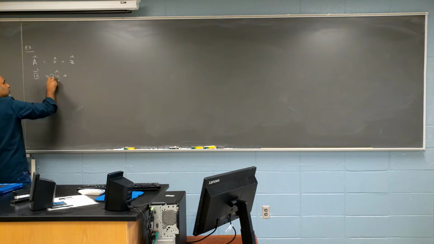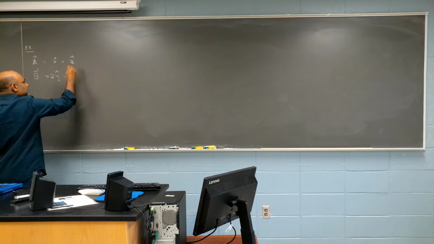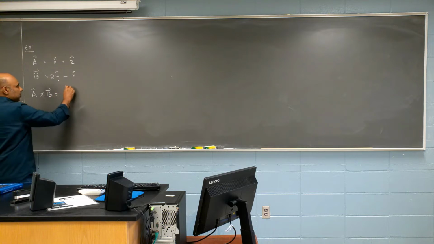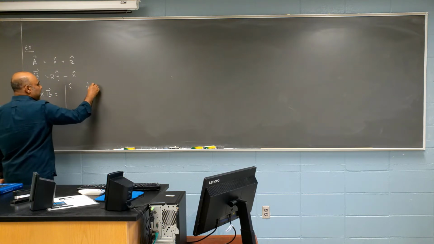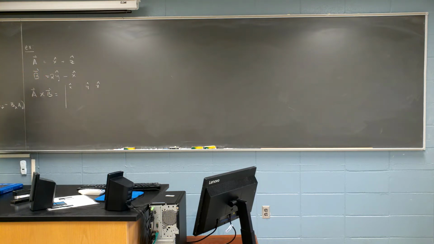Let's put a number, 2. Let's put a minus sign. It doesn't really matter, does it? Because you're just cranking this out. So A cross B equals x hat, y hat, z hat. Travis, tell me what goes in this row?